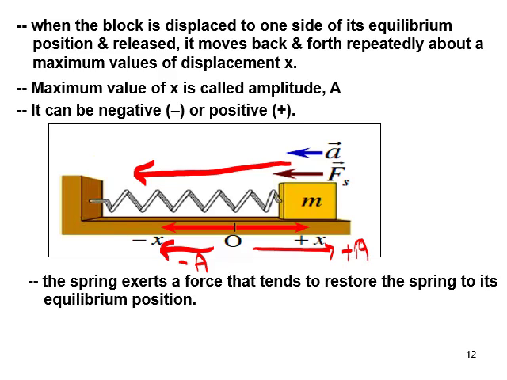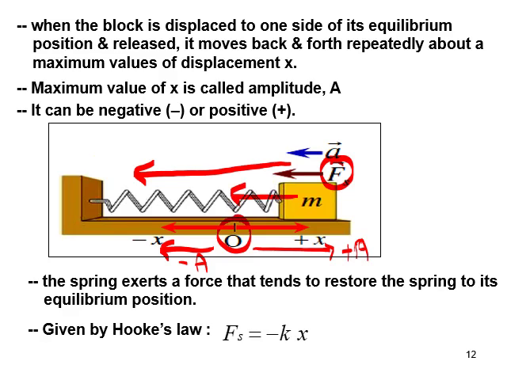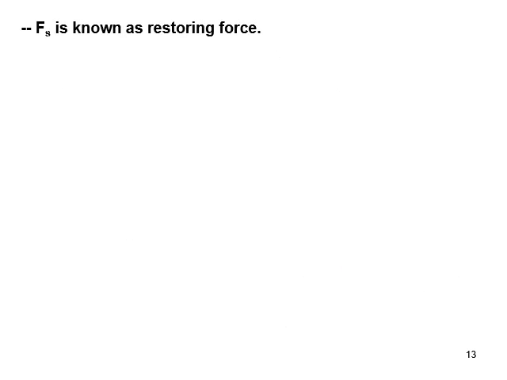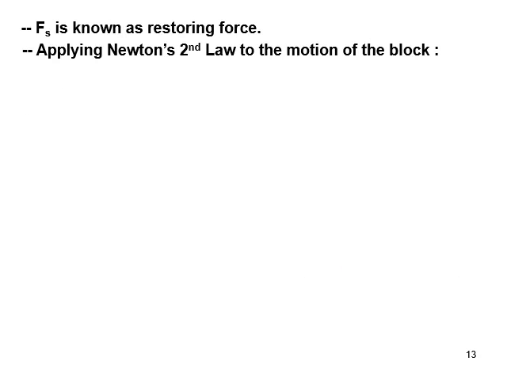The spring will exert a force that tends to bring the block to its equilibrium position. From Hooke's law, Fs, the restoring force, is equal to negative kx. Fs is known as the restoring force. By combining Hooke's law and Newton's law, negative kx is equal to ma.